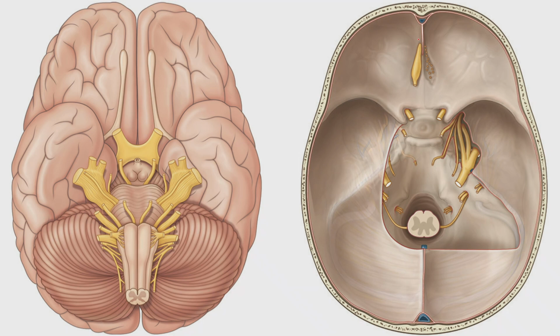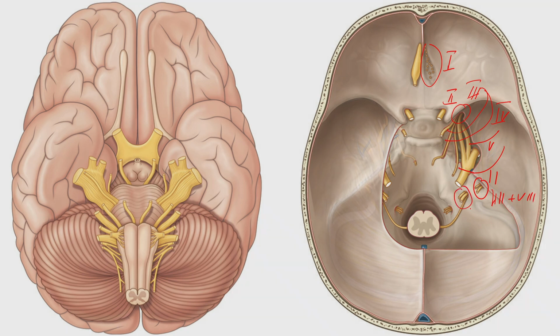When we look here, this is the first nerve, olfactory, second, optic, and here is the third nerve, 4, this is a 5, this is a 6, here we have a 7 and 8.